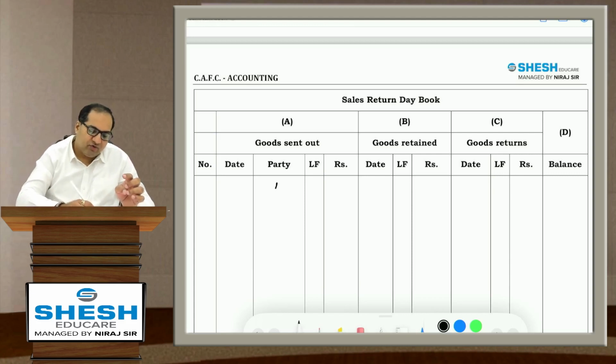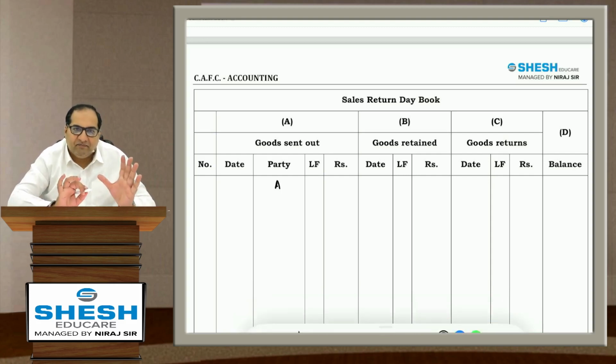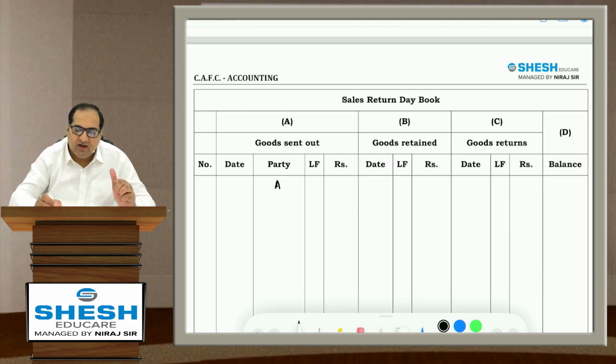If I dispatch goods to A, will B return the goods, or is it implied that only A will return? A will only return, no? So neither in retained nor in returned will the party's name come again. Are you following what I'm saying? Yes. And then of course the balance, that is balance of goods lying with.